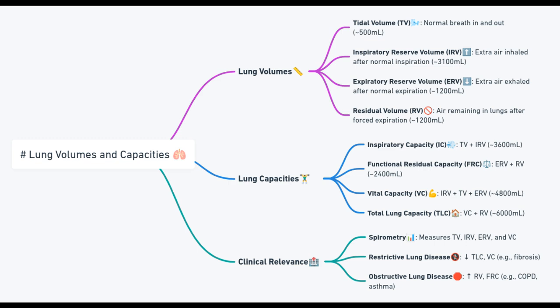So you realize that there are four volumes and capacities. Volumes being the tidal volume, the amount of air inspired or expired in quiet breathing, then inspiratory reserve volume, that is after tidal inspiration, the maximum amount of air that could be inhaled, and the expiratory reserve volume is after tidal expiration, the amount of air that could be exhaled.